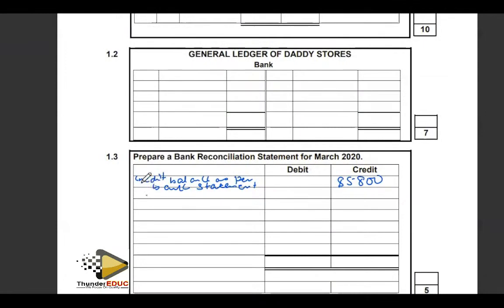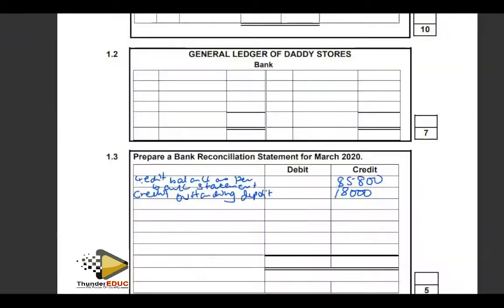So we are going to say credit outstanding deposit. And how much was the deposit? It was for 18,000.